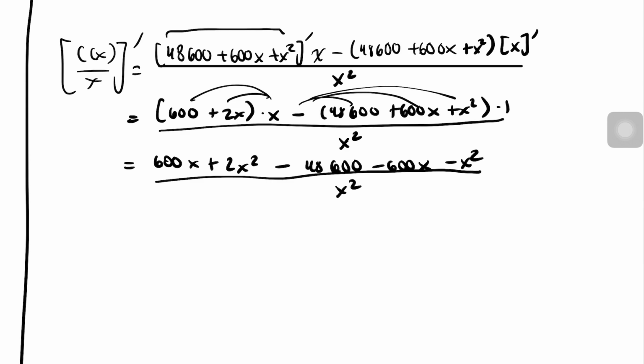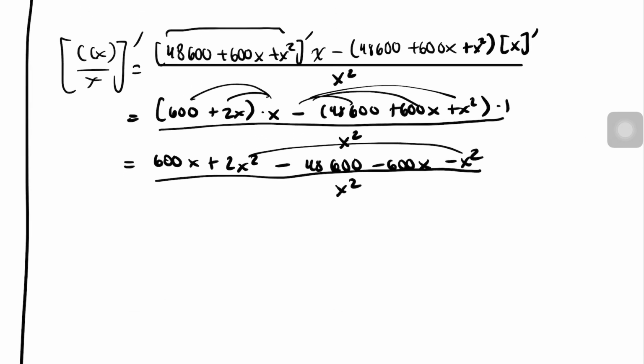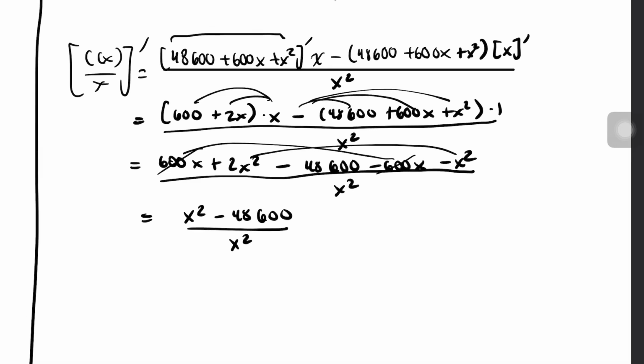And so we can see here that these will combine, and we can probably combine these two as well. So actually those cancel each other out, and we're left with x squared minus 48,400 all over x squared. All right, so that's our derivative.